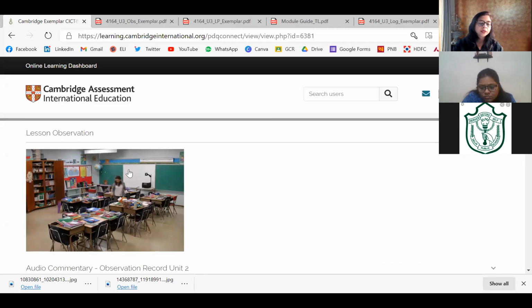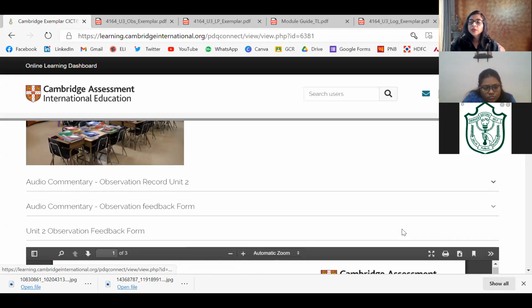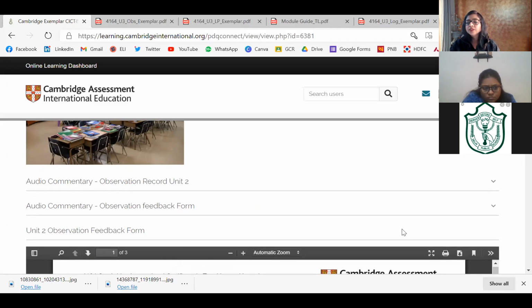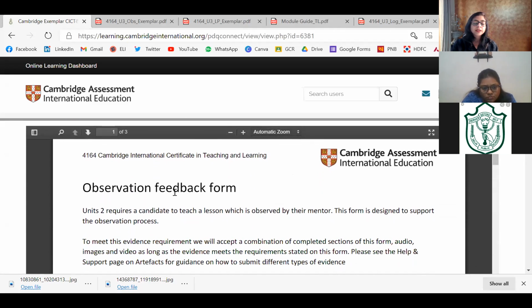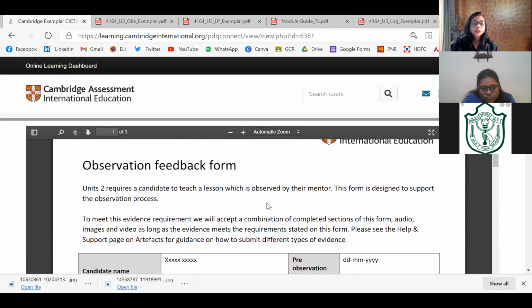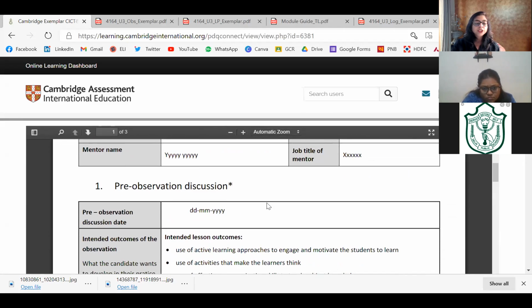You can upload other things which you want related to the lesson plan, other pictures, videos, and we've had an extensive session on what things can be attached with the portfolio. So you can attach the other artifacts here. Then there is an observation feedback form. Now this observation feedback form is something which pre-observation and post-observation is to be filled by you, but during observation has to be filled by your mentor.